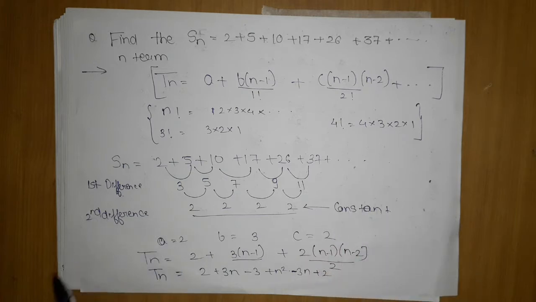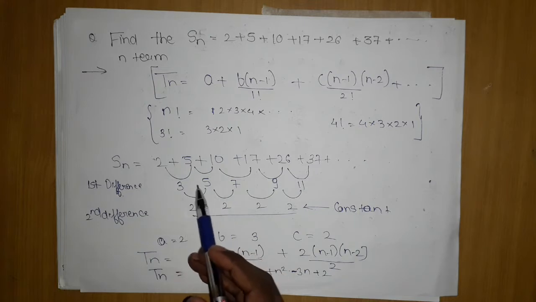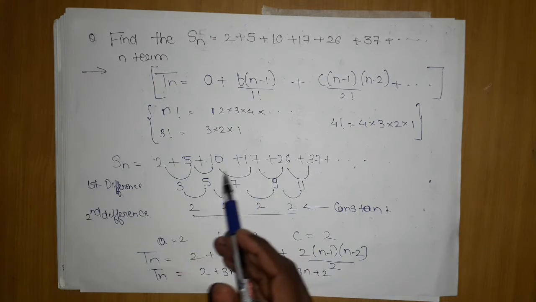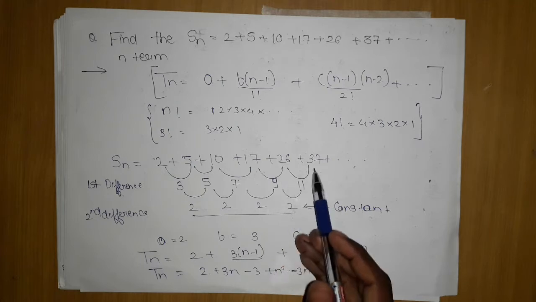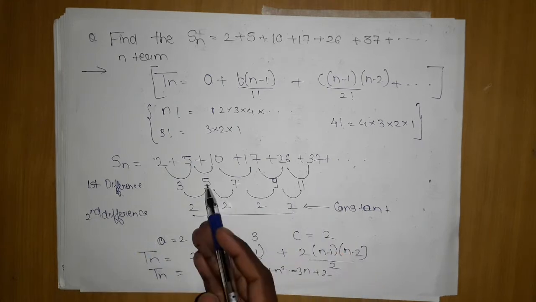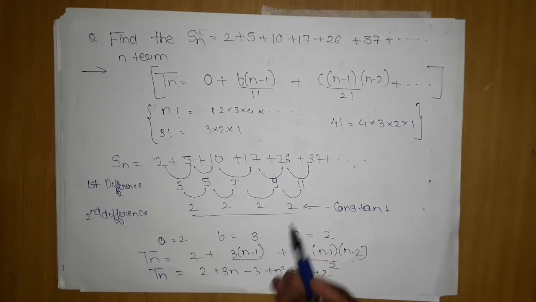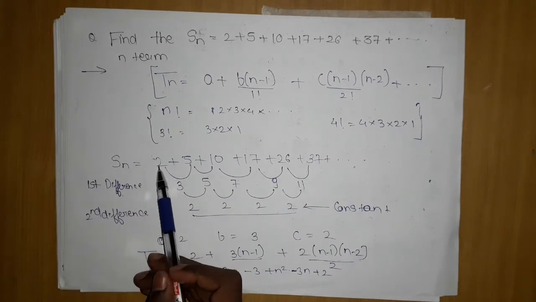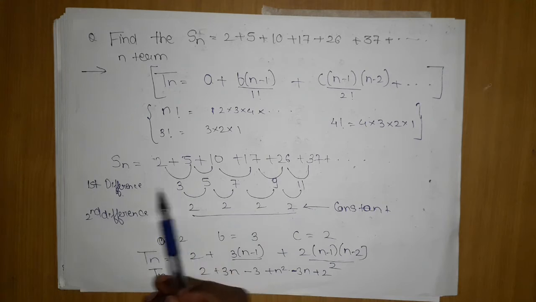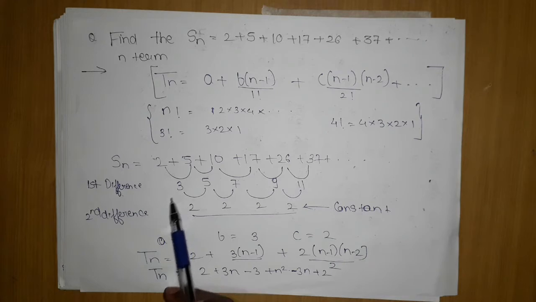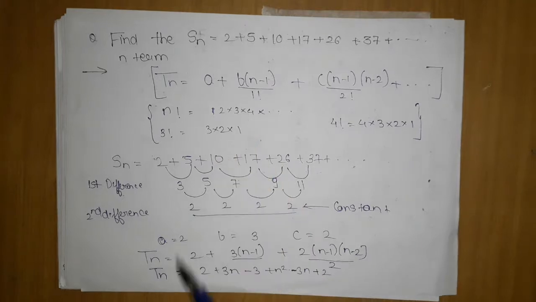You get the first difference: 5 minus 2 is 3, 10 minus 5 is 5, 17 minus 10 is 7, 26 minus 17 is 9, 37 minus 26 is 11. For the second difference: 5 minus 3 is 2, 7 minus 5 is 2, 9 minus 7 is 2, 11 minus 9 is 2. You stop the differences when you get a constant number. The sequence's first term 2 is our a, the first difference's first term 3 is b, and the second difference's first term 2 is c. Now you apply this formula and get your answer.